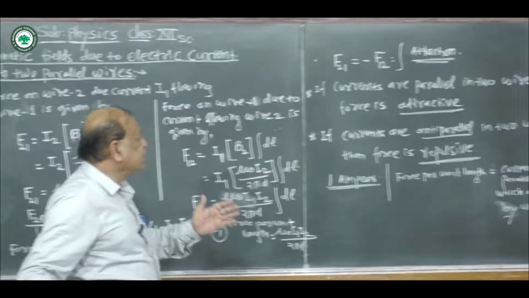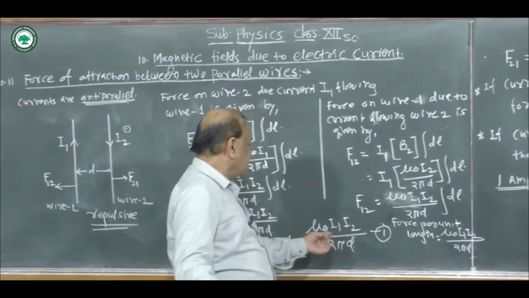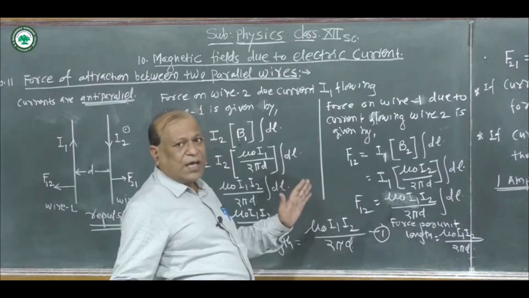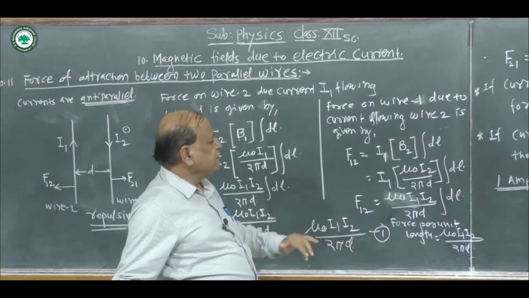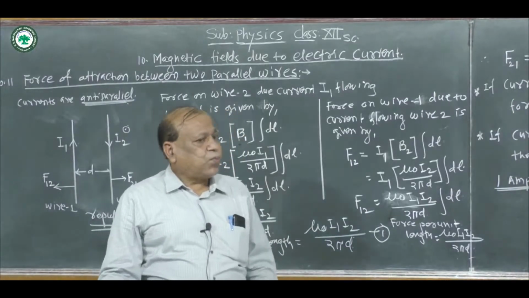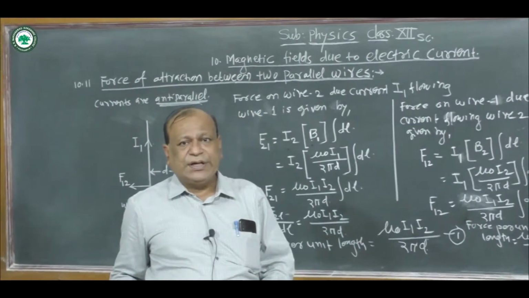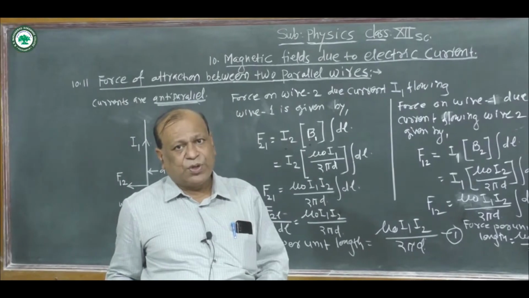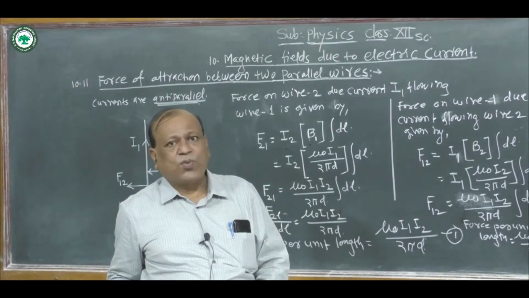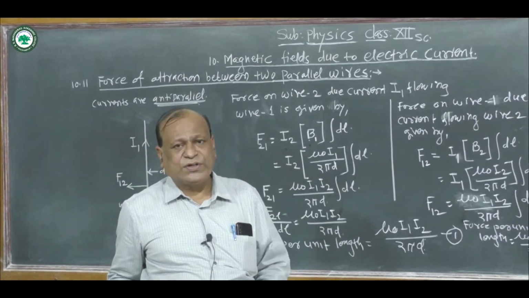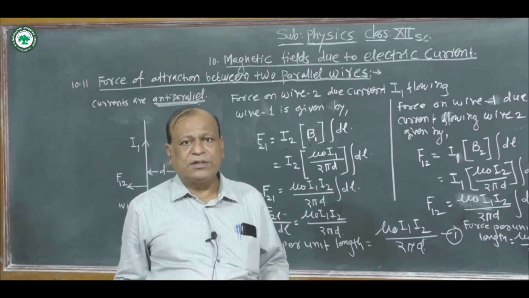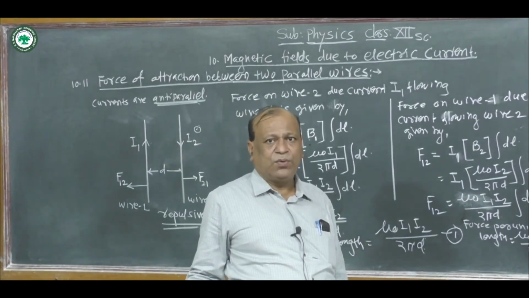In terms of the distance of 1 meter, we can define 1 ampere from this equation 1, from the force per unit length of a wire. Now this is a very simple expression for the force of attraction or repulsion between two parallel conducting wires. Okay, now we can stop here.